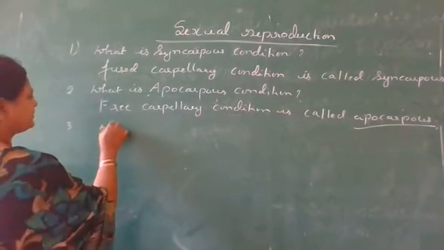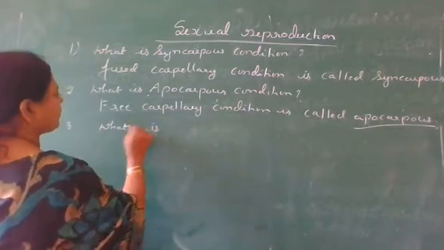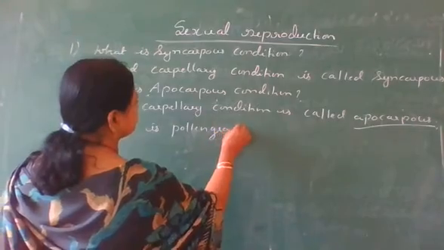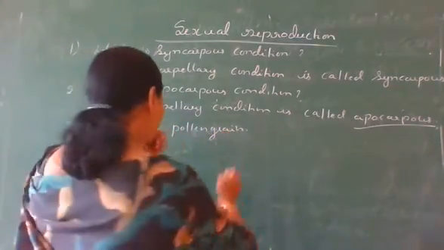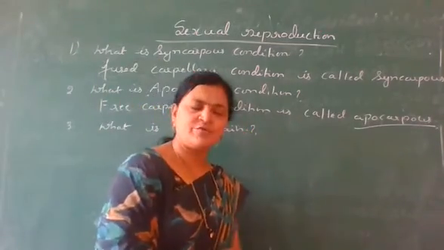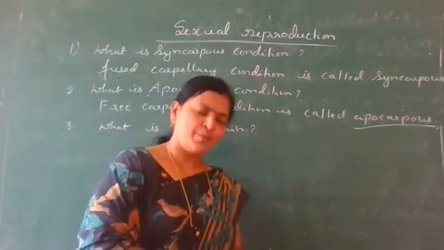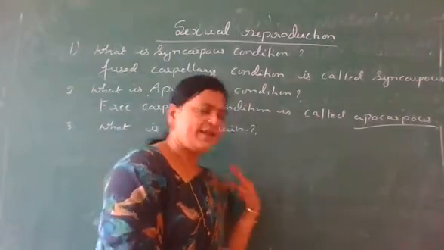What is pollen grain? Pollen grain is the first cell of the male gametophyte, which produces 2 male gametes.